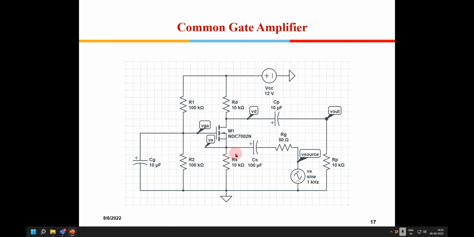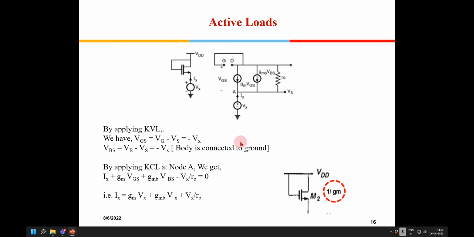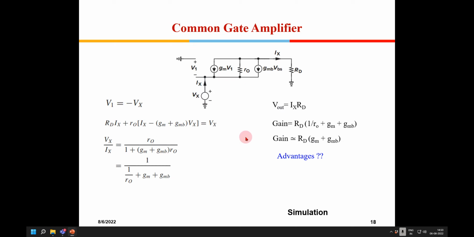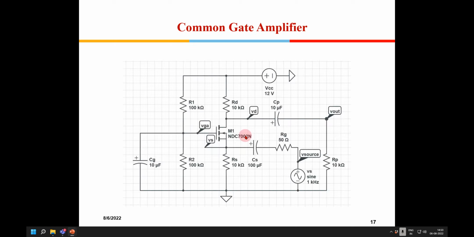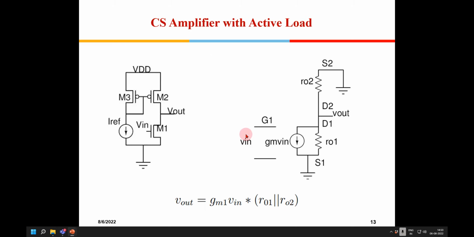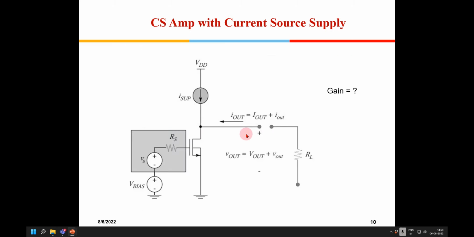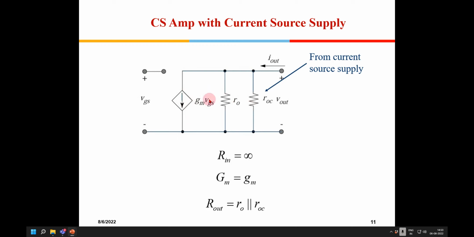Okay. So this is the common source amplifier, right? I have a GM VGS and R0.